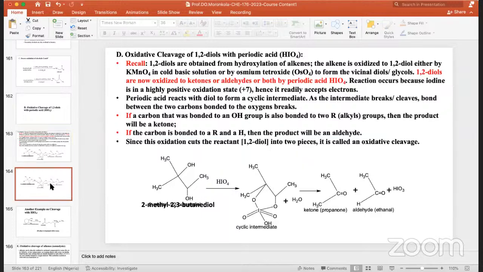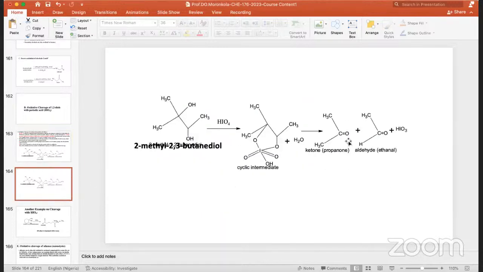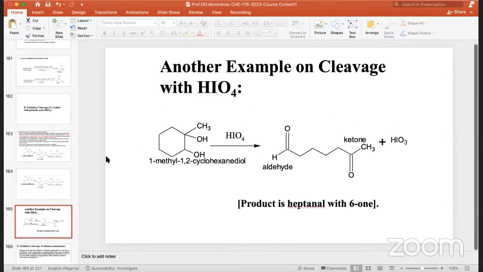That is it. Though I'm better showing the same reaction in a larger form here. Another example, look at this cyclic diol. Of course, the diol is neighboring. That's why we still call it a 1,2. But you will notice that on this carbon, no hydrogen there, whereas on this carbon carrying the OH, there is one hydrogen here. So this end of this molecule will be the aldehyde form.